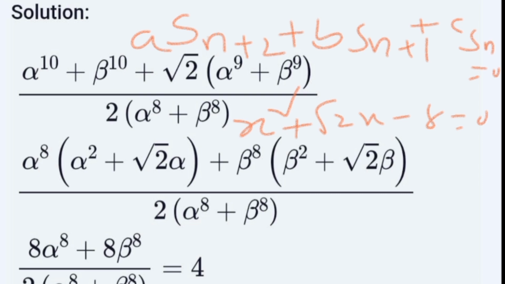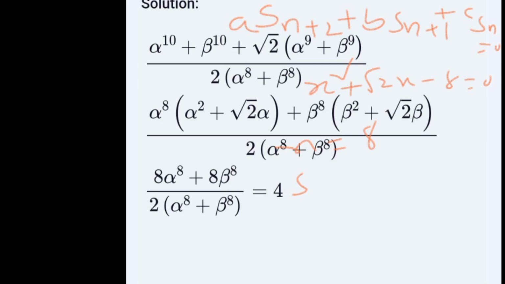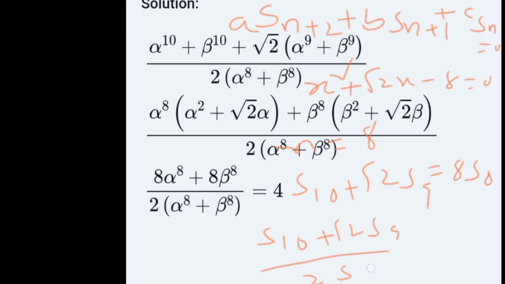Now here n is equal to 8. Now here S10 plus root 2 S9 is equal to 8 S8. Now here S10 plus root 2 S9 by 2 S8, that is equal to 4.